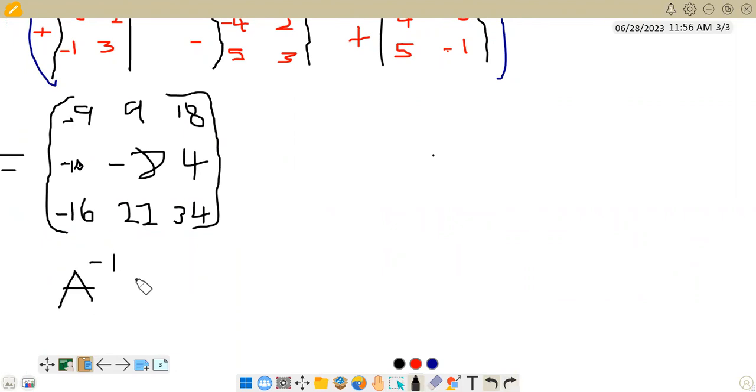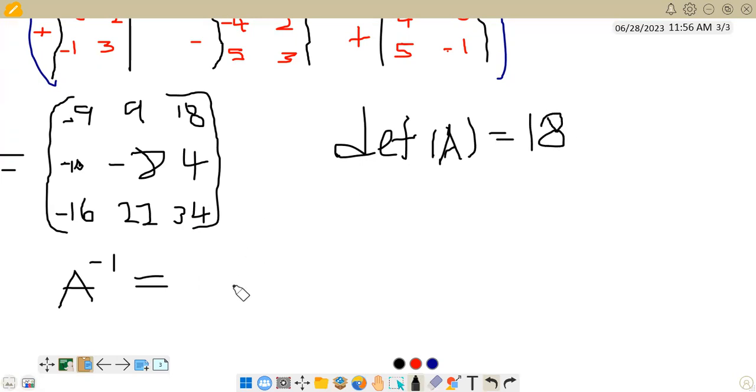inverse. So if we remember, when we are dealing with the 2 by 2 matrix, the inverse of a 2 by 2 matrix, we take the determinant and make its reciprocal. Here we found that the determinant of A is equal to 18, which means here we are going to say 1 over 18.